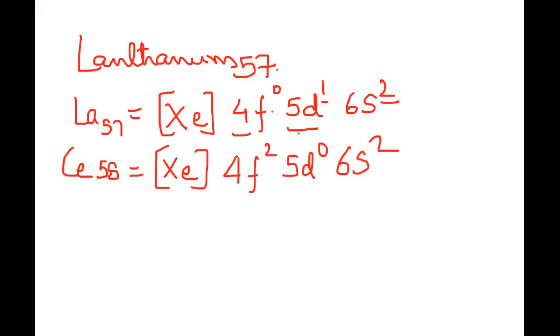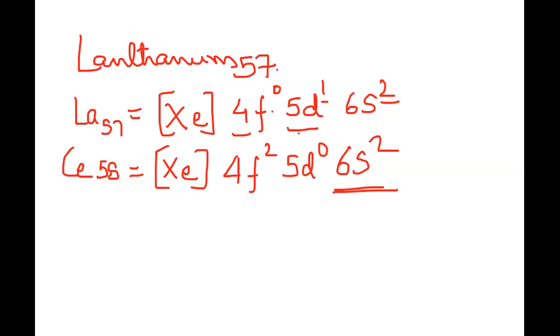Earlier, in the beginning of the transition series, when we were talking about chromium and those elements, the 4s2 electrons were getting involved. But here, since the 6s2 and the 4f have a 5d in between, the 6s2 electron does not really exchange its electrons with the 4f. So this is what is happening.